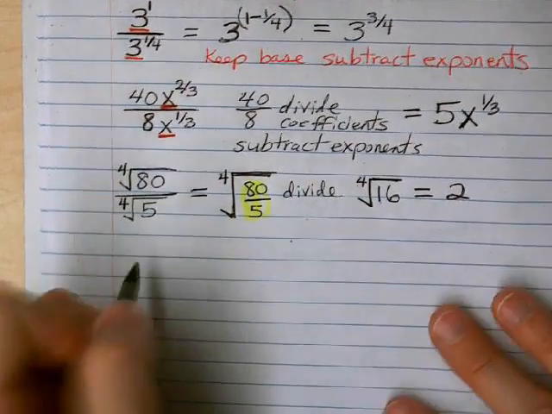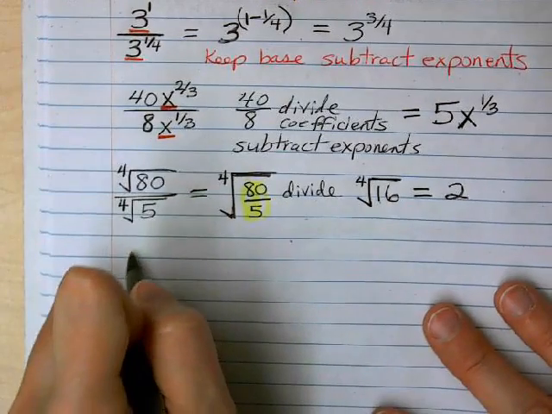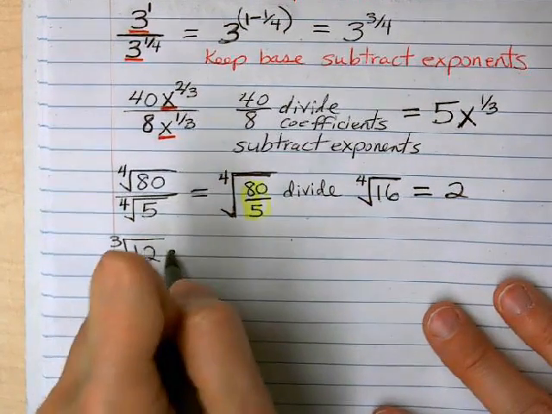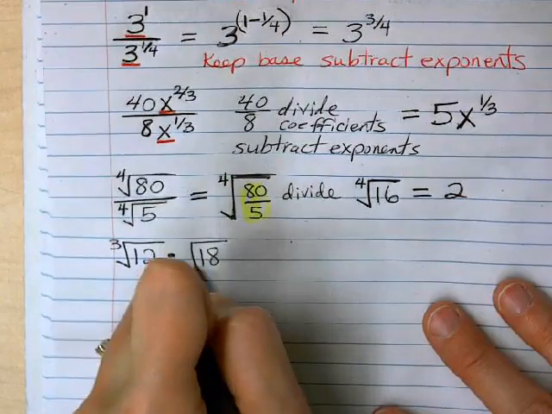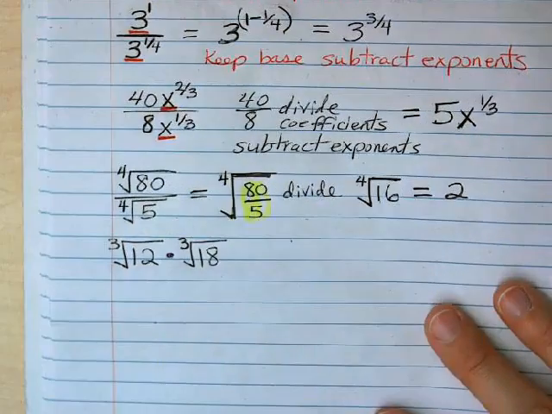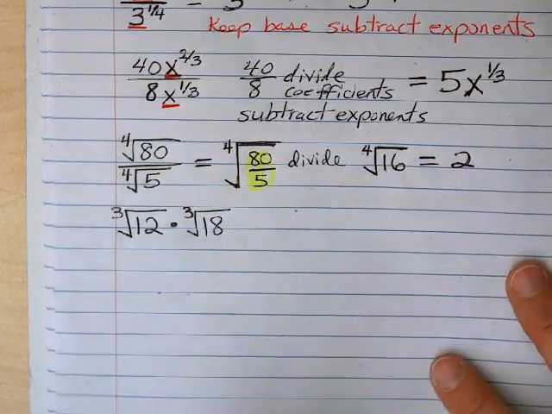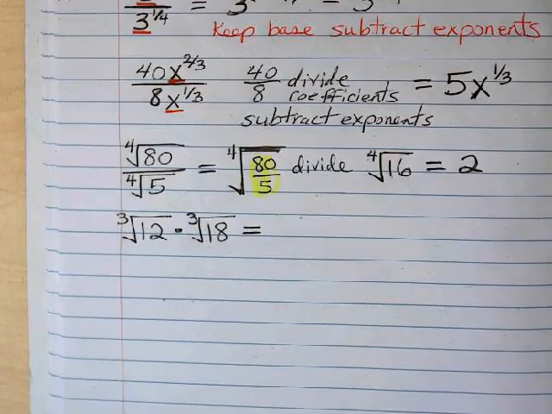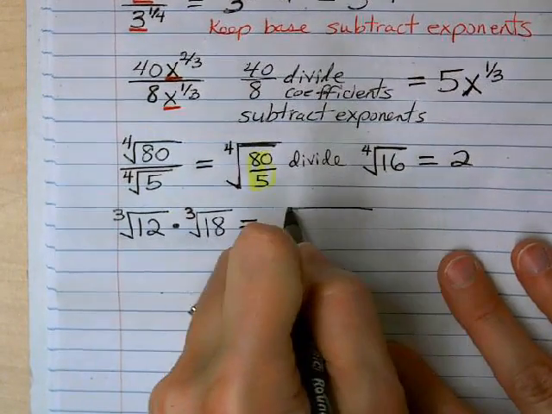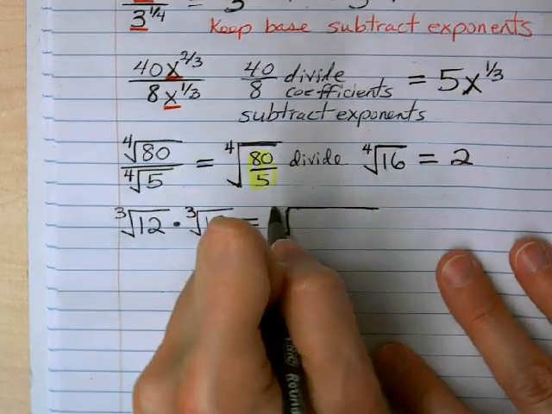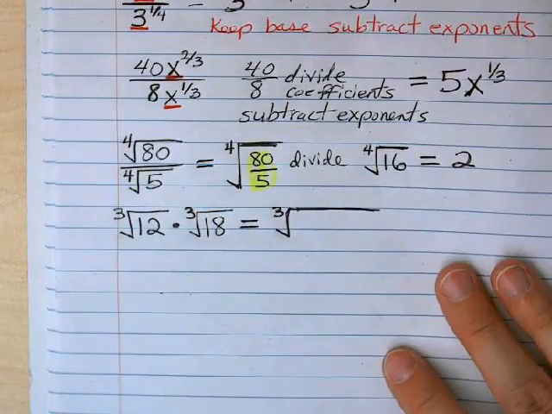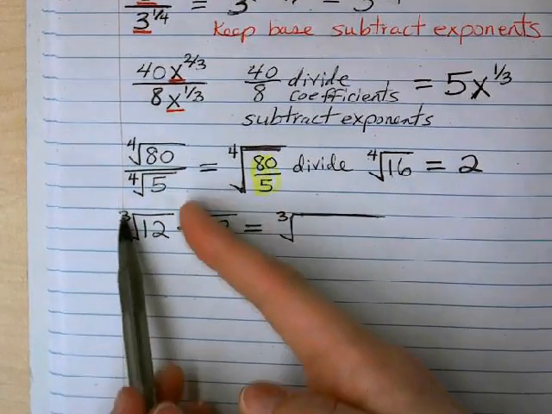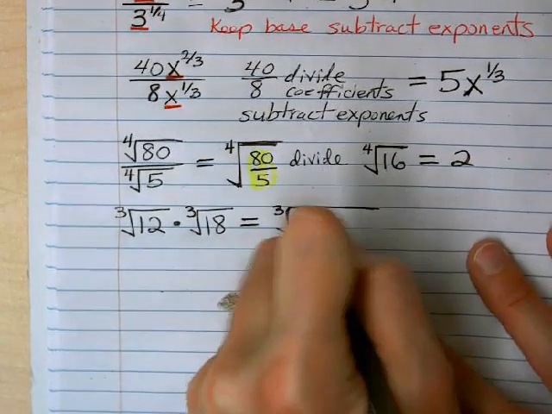Let's say you had 12 that's inside a cubed root times an 18 inside a cubed root. Since both are in a cubed root, you can literally put the entire thing in a cubed root. Even though these numbers are not matching, that's okay. You can do cubed root of 12 times 18. You can put it all together.